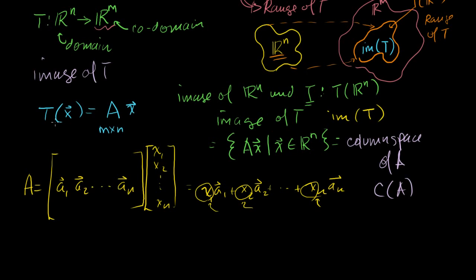But any linear transformation can be represented as a matrix vector product. And so the image of any linear transformation, which means the subset of its codomain when you map all of the elements of its domain into its codomain, this is the image of your transformation. This is equivalent to the column space of the matrix that your transformation could be represented as.